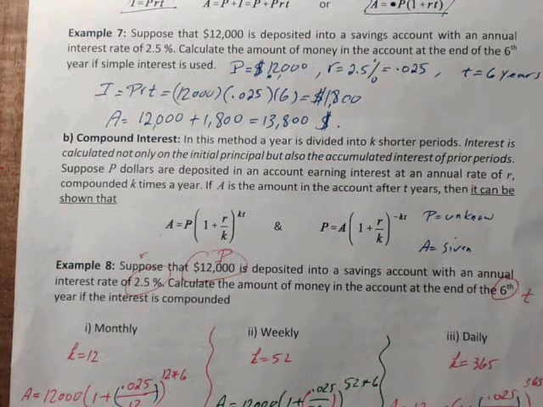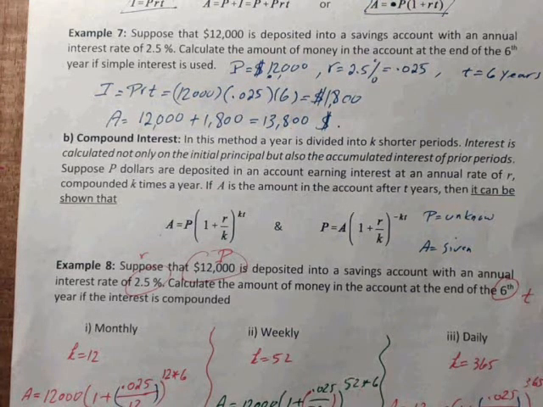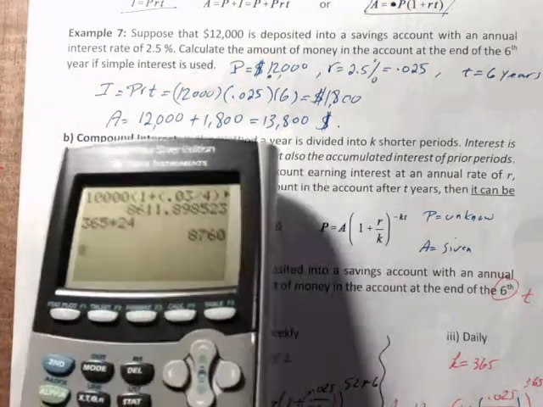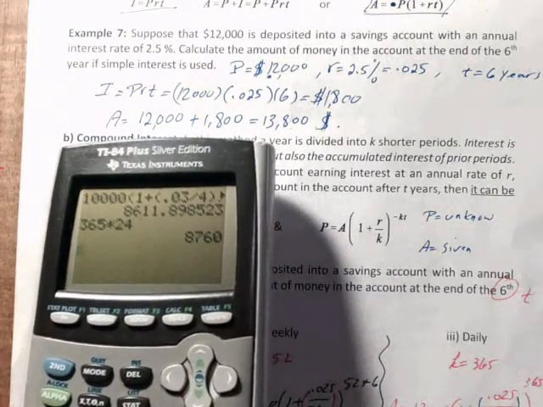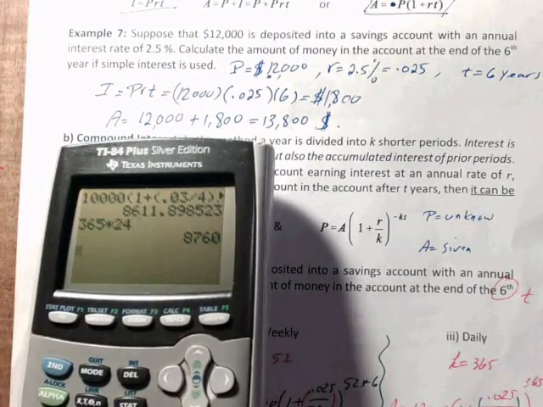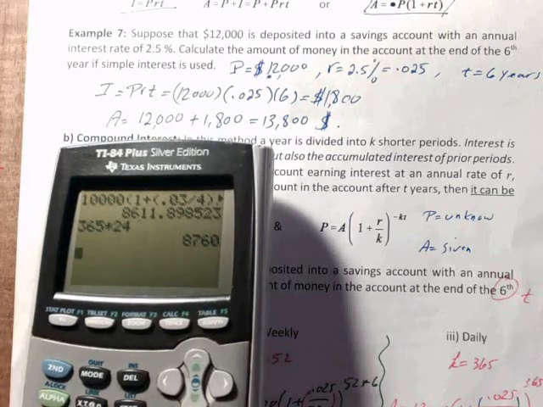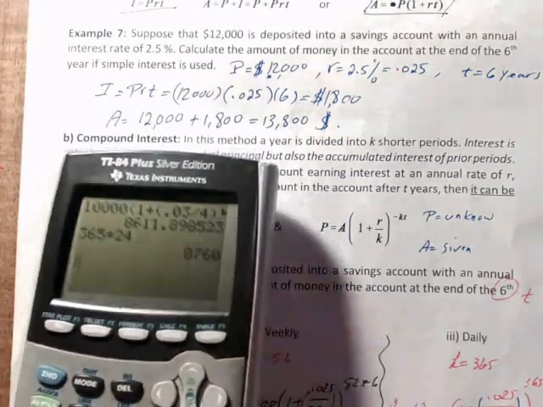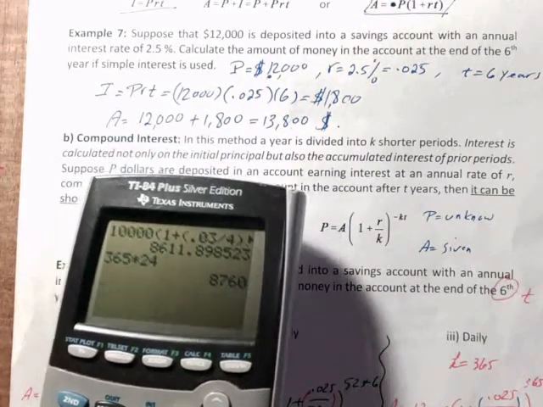Let's say you do it hourly. Hourly would be 365 times 24, which would be 8,760. So if I do it hourly, then K would be 8,760. Kind of interesting. Okay. Well, is this big enough?